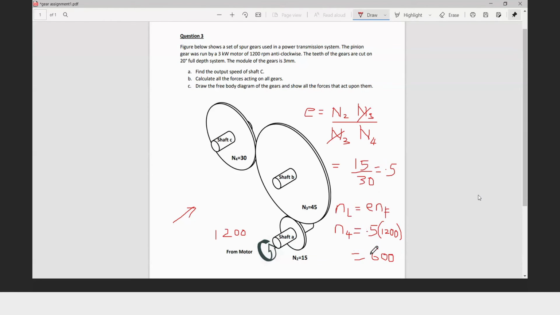Hello guys, positive or negative? Negative shows reverse direction. This one is counterclockwise, if you look from the left. So this one will go clockwise. Counterclockwise is positive; if it reverses, it's negative, that is the point. Okay, understand? That's how we calculate the speed.